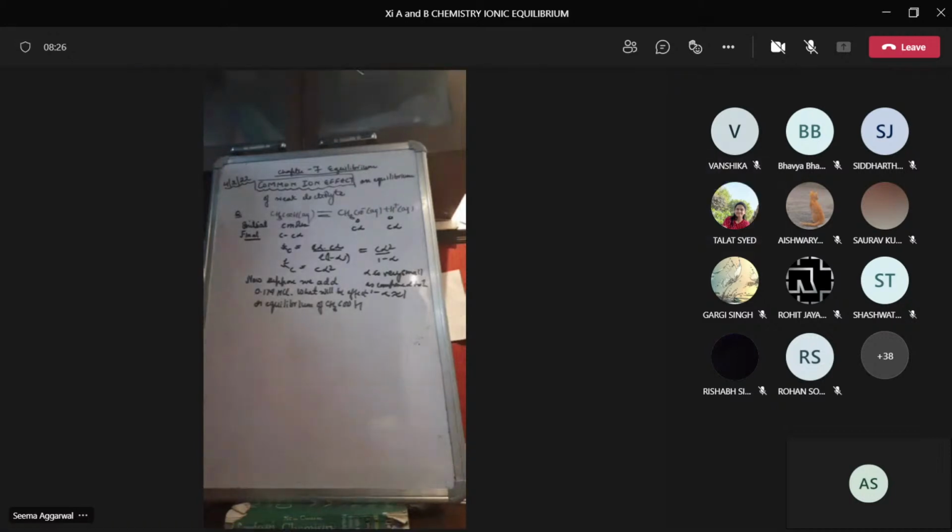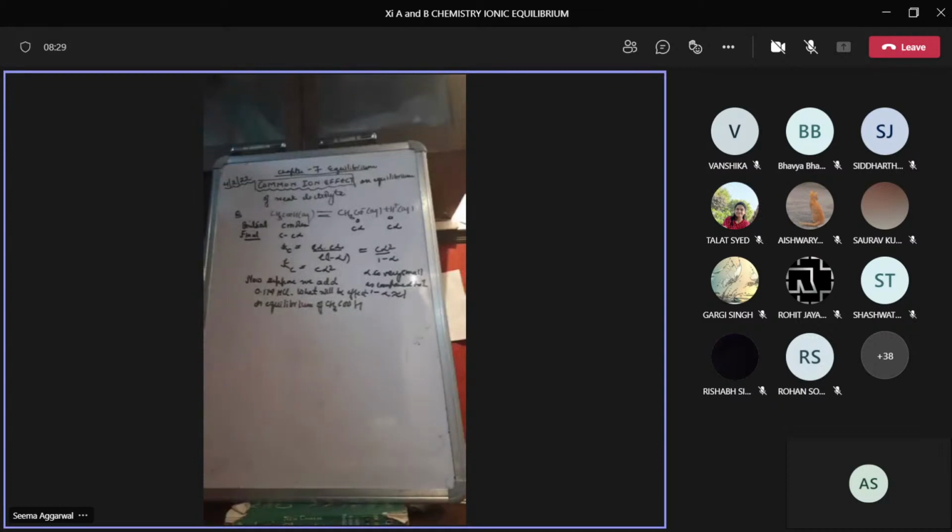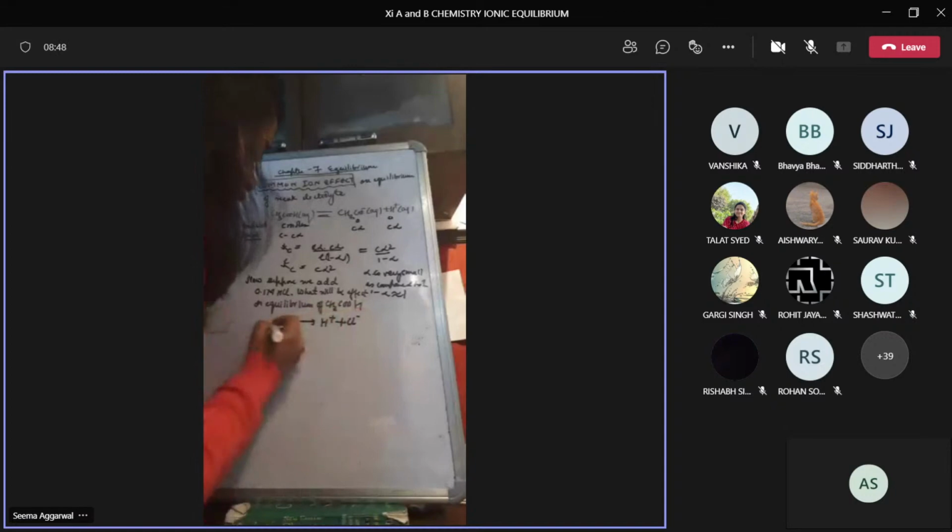Strong electrolyte. HCl is a strong electrolyte. It means that HCl will be completely dissociated to form H plus ions and Cl minus ions.